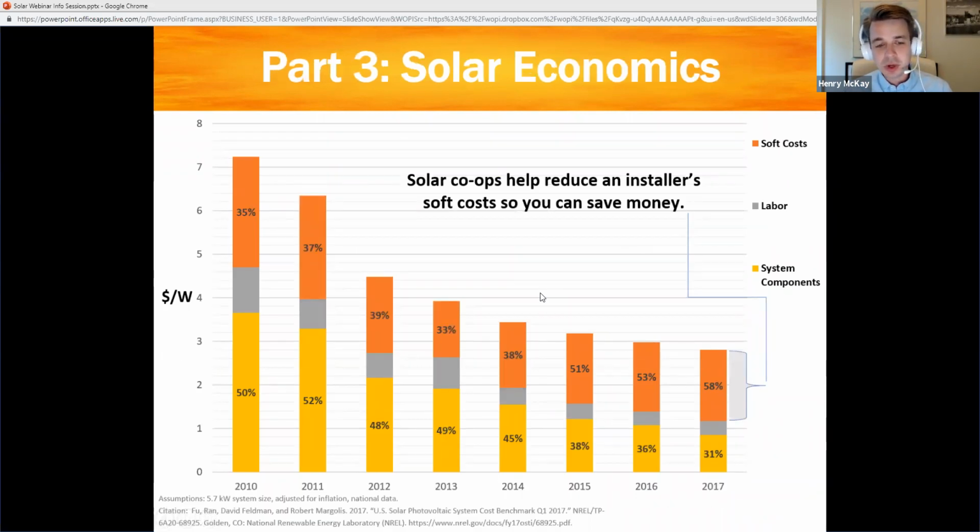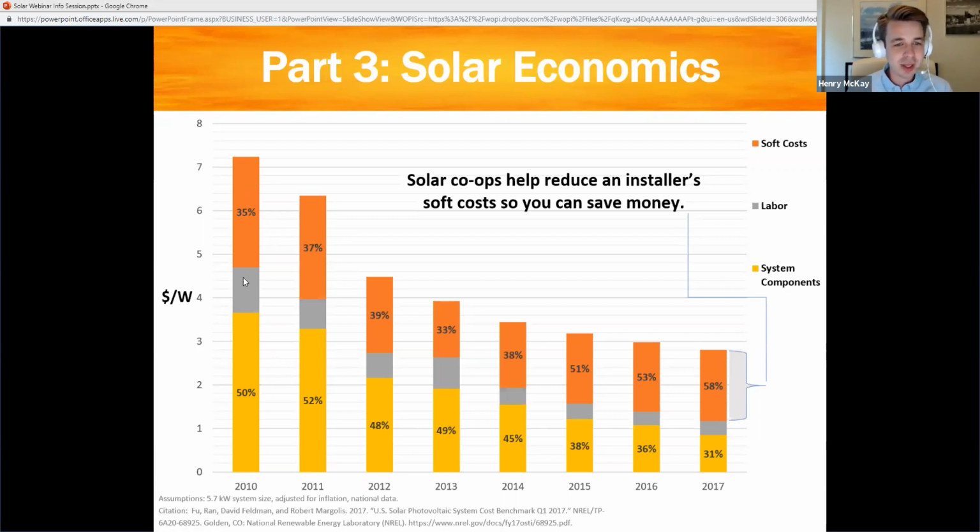So solar costs, this is another version of the same statistics. You can see costs have come down fairly quickly over recent years. This is the cost of a solar installation over time, and we've broken out these color bars, the components of that cost. So the yellow bar at the bottom is the system components, so the panels themselves, the inverters, the racking systems, the different pieces of hardware that your installer is using.